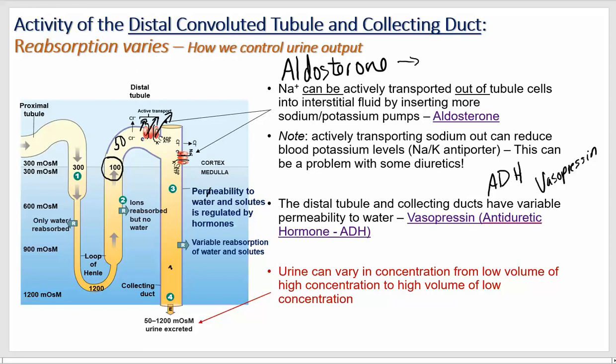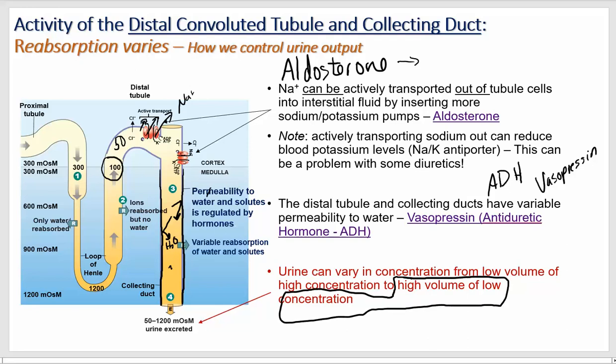If we say no ADH, not worried about aldosterone, so aldosterone is pulling that sodium out, and we have a concentration of 50 milliosmolar, that's basically just water. And if no water can be reabsorbed, so water has to stay in here, then we are going to have high volume, low concentration. We're going to have a high volume of low concentrated urine. So this is going to be clear, and it's going to be a lot of it.